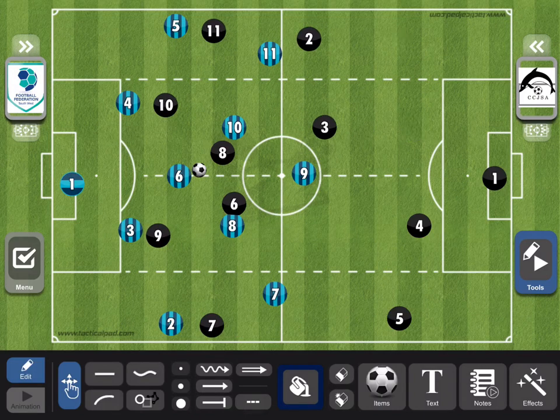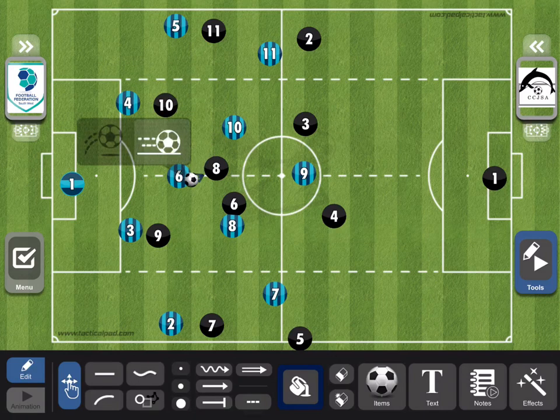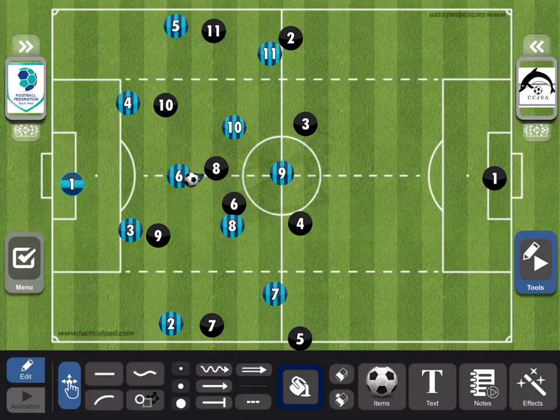Let's just move everyone forward. Alright, so if someone goes to the ball, obviously a player is free. So again, with this formation you are trying to overload the midfield, and that's where you have lots and lots of success.